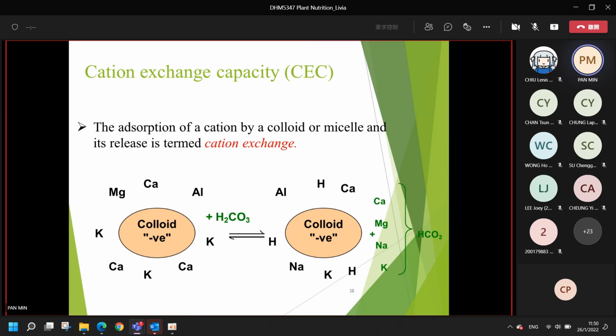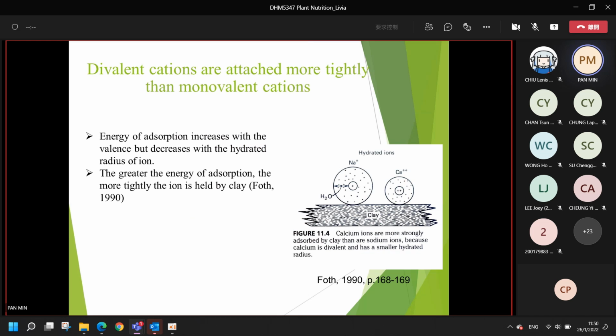So they will easily bind with the colloid surface or mineral surface, and divalent cations are attached more tightly than monovalent cations.